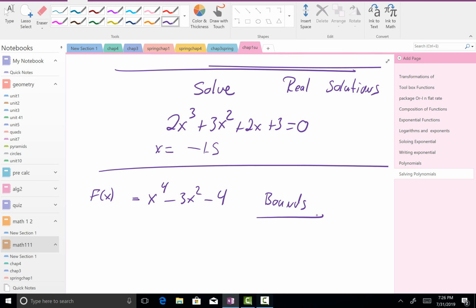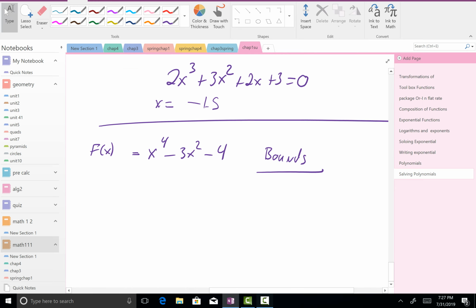This one's going to be a lower bound over on this side. Let's use synthetic division on this, I think that would be better to explain it. 1, 0, because I don't have a cube, negative 3, 0, negative 4, divide by negative 2.